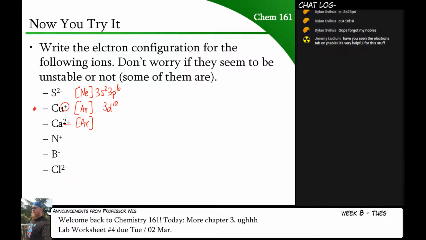Is there an electrons tab? I don't know if I've seen that. Let me look at that. Oh, look at that. Yeah, that is really cool. Let me capture that. Okay, so I didn't know that this was a thing.